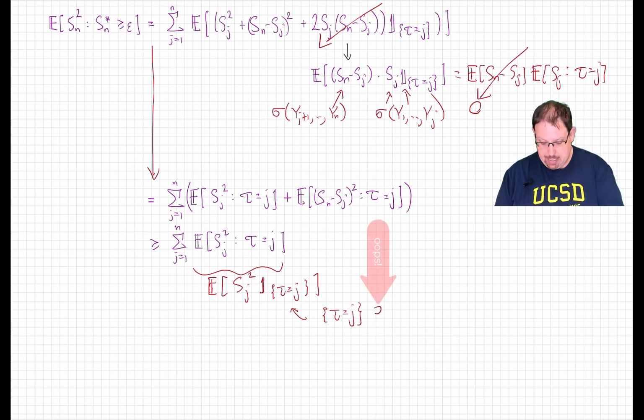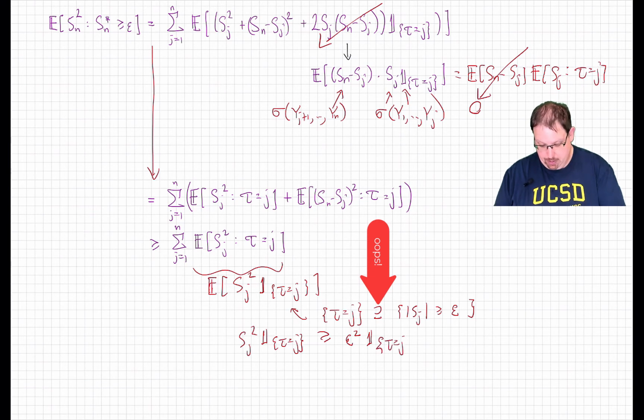So that is contained in the event that the absolute value of Sj is greater than or equal to epsilon, which means that Sj squared times the indicator that tau equals j is greater than or equal to epsilon squared times that indicator. Because on the set where that indicator is non-zero, Sj squared is greater than or equal to epsilon squared.